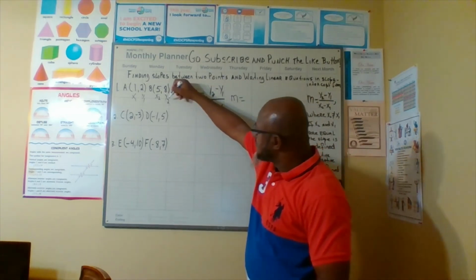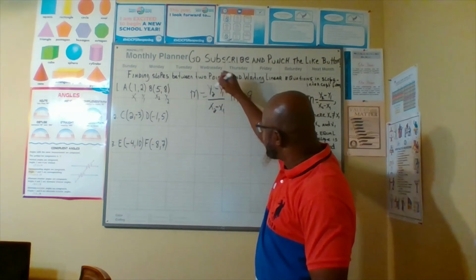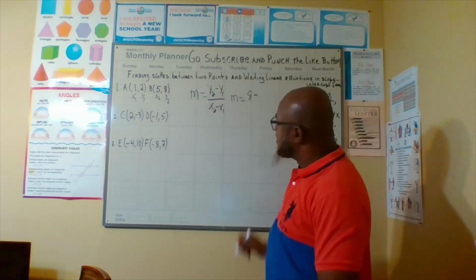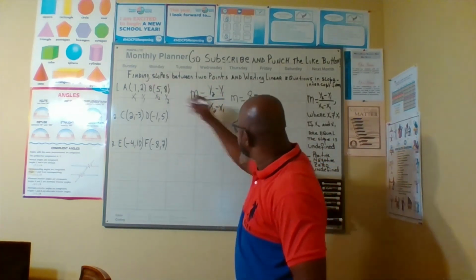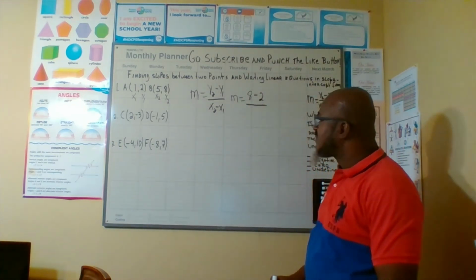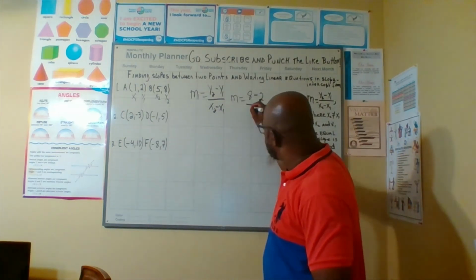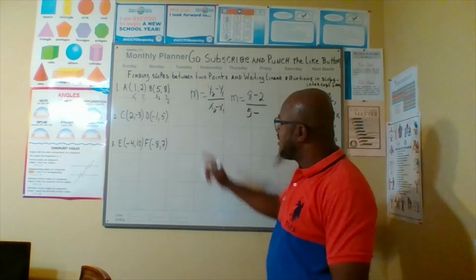My y2 is 8, minus y1, my y1 is 2, over x2, which is 5, minus x1, which is 1. Work on the numerator and simplify. I will have 8 take away 2 is 6, and 5 take away 1 is 4.